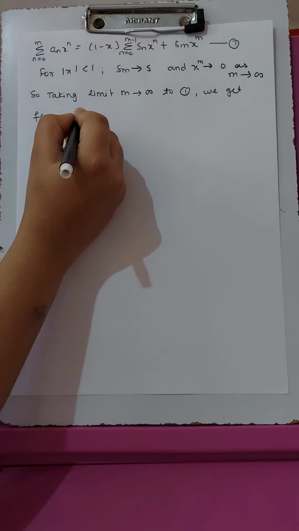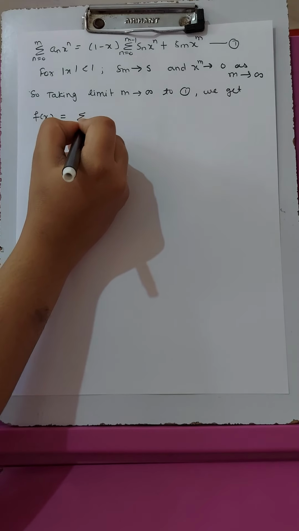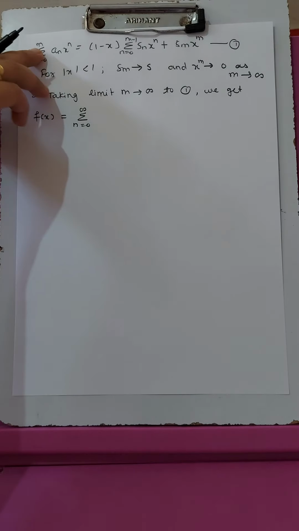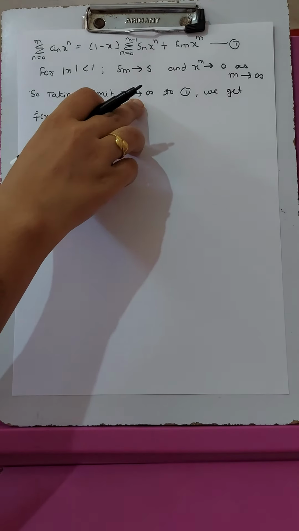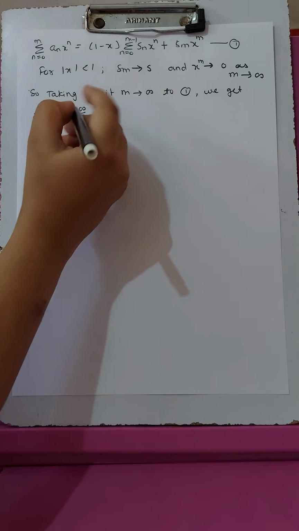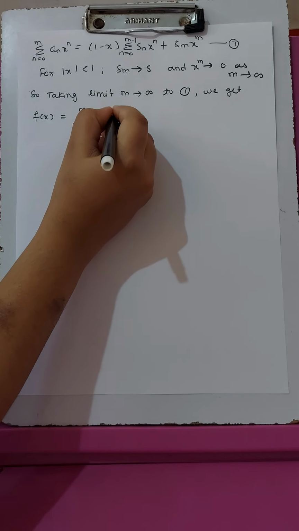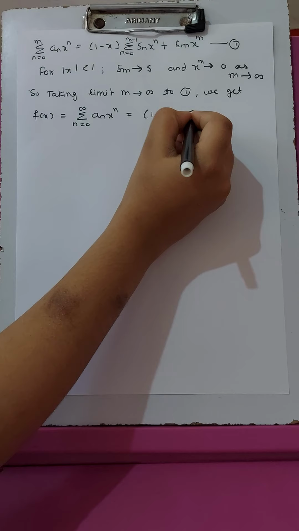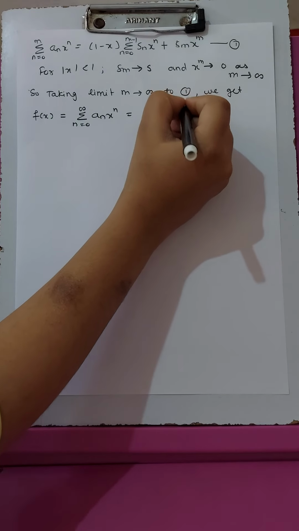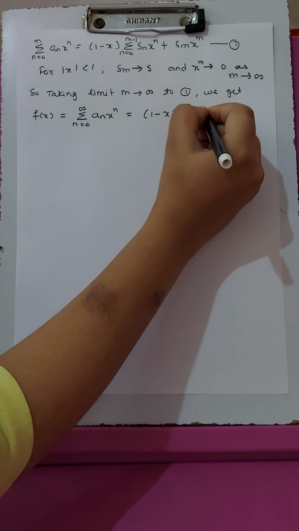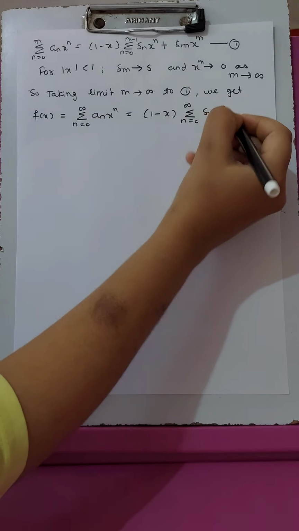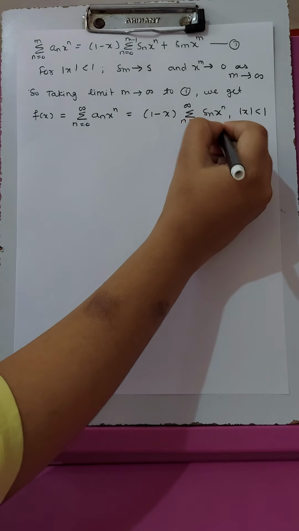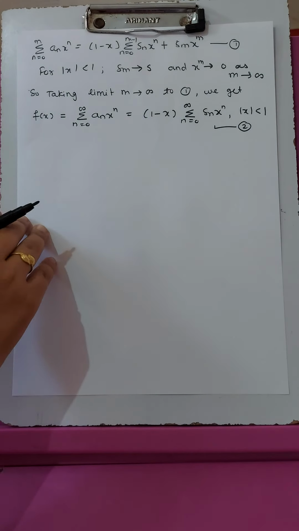So f of x equals summation n from 0 to infinity an x to the power n equals 1 minus x summation n from 0 to infinity Sn x to the power n for mod x less than 1. We'll give it number 2.